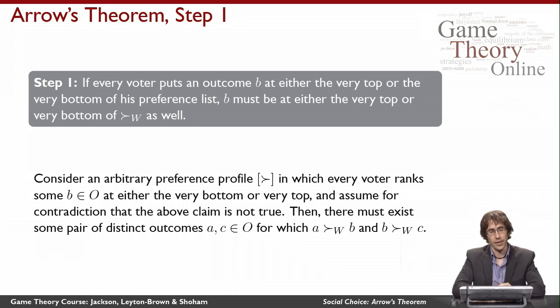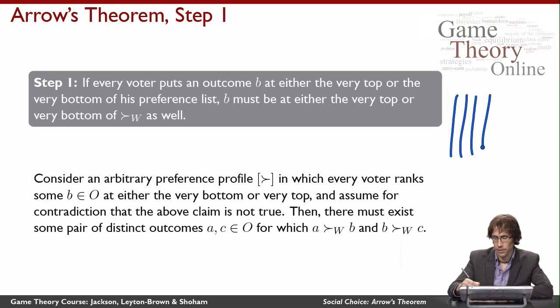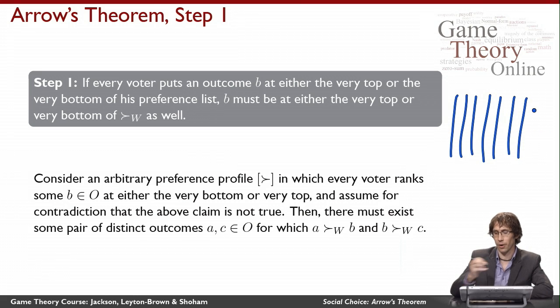So first of all, here's what I want to claim. It sounds like a strange thing to claim, but it'll get us where we want to go. If every voter ranks some outcome B either at the very top of his preferences or at the very bottom of his preferences, then it must be that the social welfare function also puts B either at the very top or the very bottom. So let me draw kind of a picture of this. Think of these as a bunch of preferences from all the different agents.